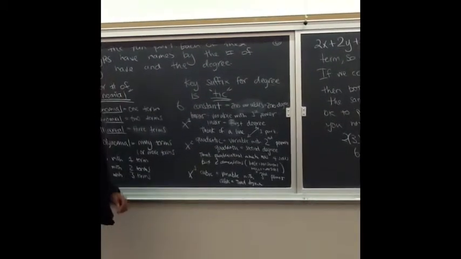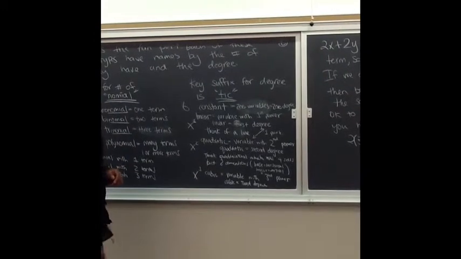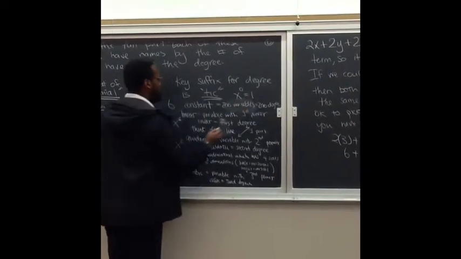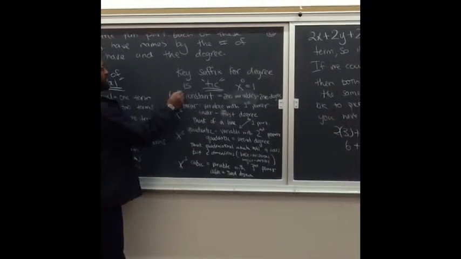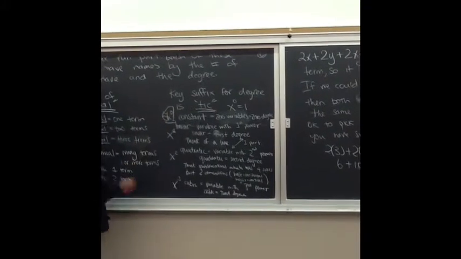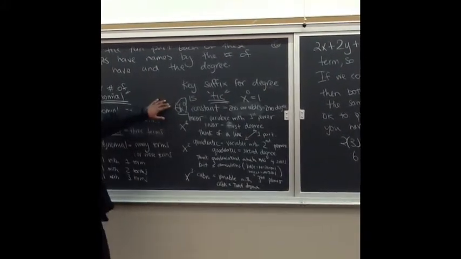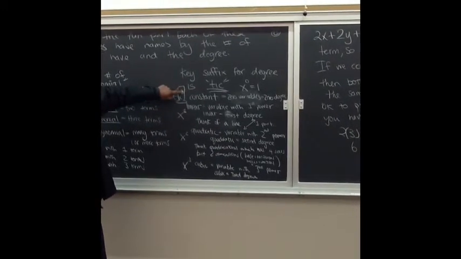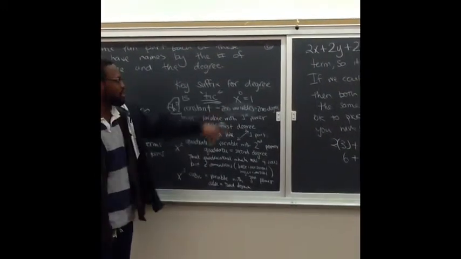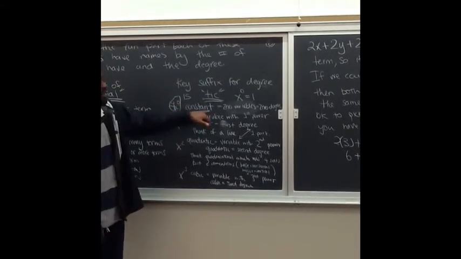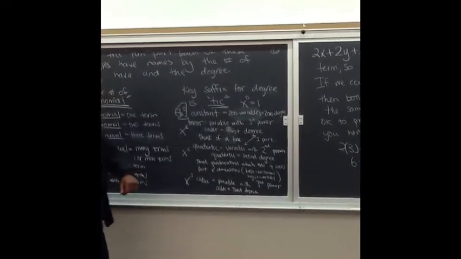Now, we can think back to our exponent properties and say, oh yeah, x to the 0 is equal to 1. So we could actually say that this was 6x to the 0. And since x to the 0 is equal to 1, we get 6 times 1, which is just 6. So this constant has a degree of 0. And we can see that again because x to the 0 is equal to 1. Now, 1 is a constant, so constant, 0 variable, 0 degree.